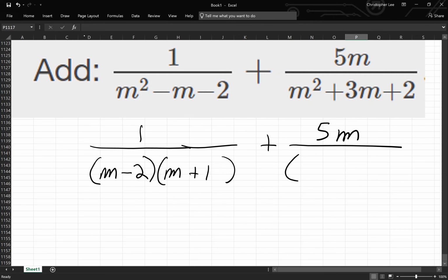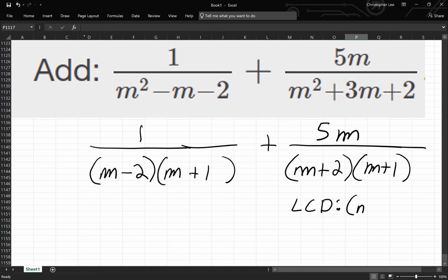Then I need two numbers that multiply to +2 but add up to +3. I'm thinking +2 and +1. The LCD over here I'm thinking is M-2, M+2, M+1. Everybody agrees?